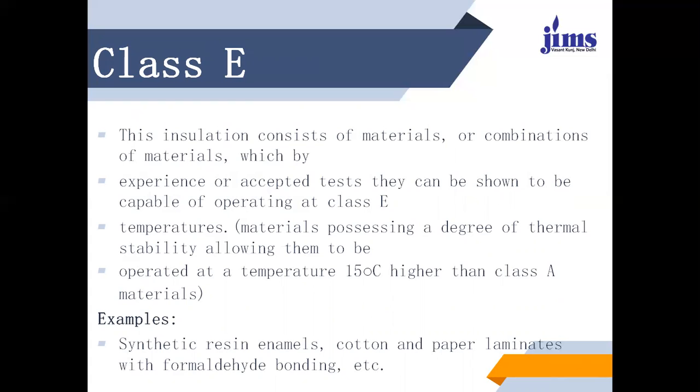Examples of class E material are synthetic resin enamels, and cotton and paper laminates with formaldehyde bonding.